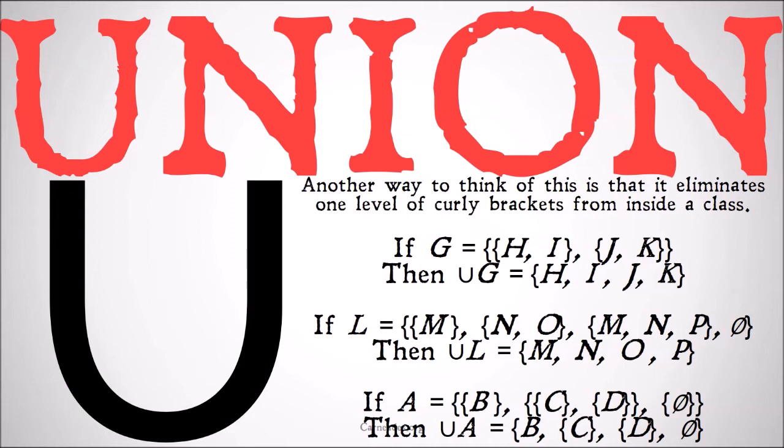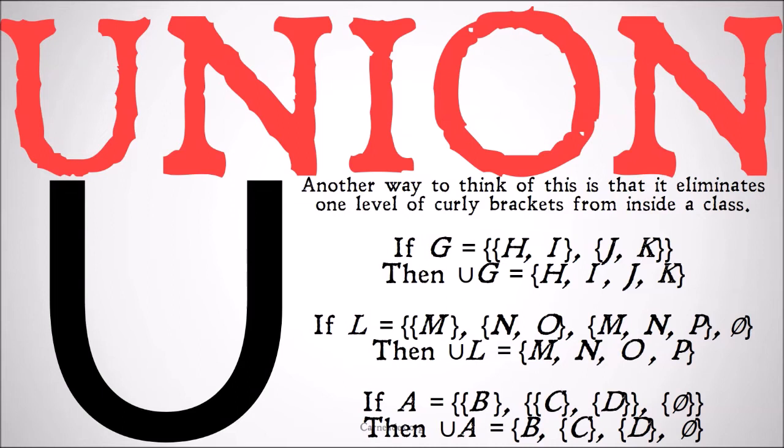So if G is equal to the class of H and I and the class of J and K, then the union of G is simply the class of H, I, J, and K. You see how we eliminated one of those sets of curly brackets from within G.